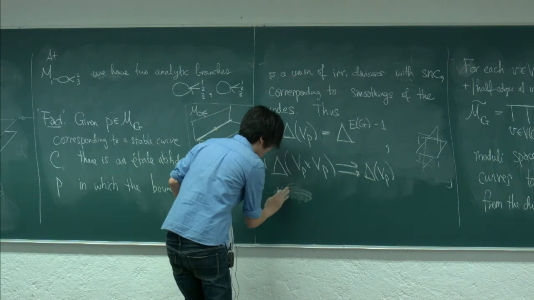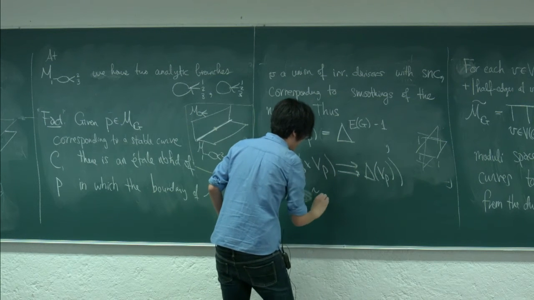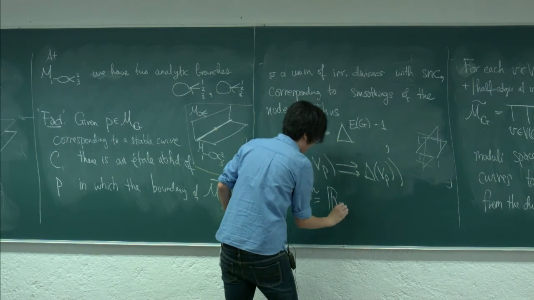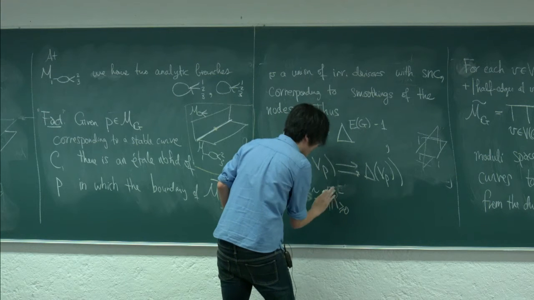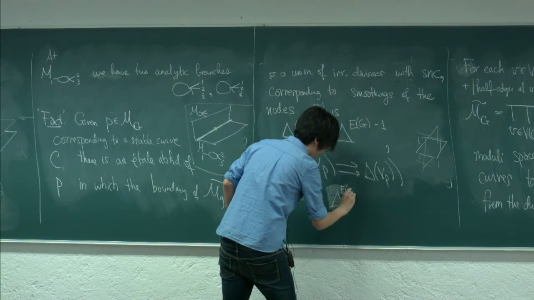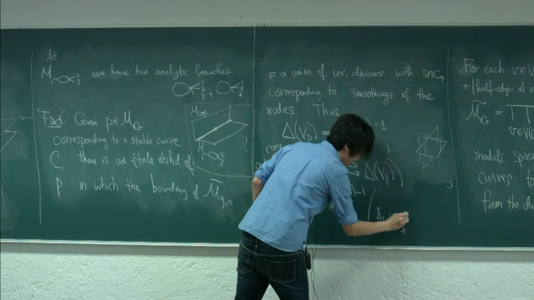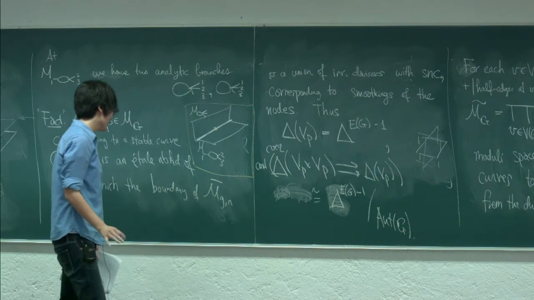So the coequalizer is naturally identified then with the simplex, modulo the automorphism group of G, as is reasonable, at least on an intuitive level.